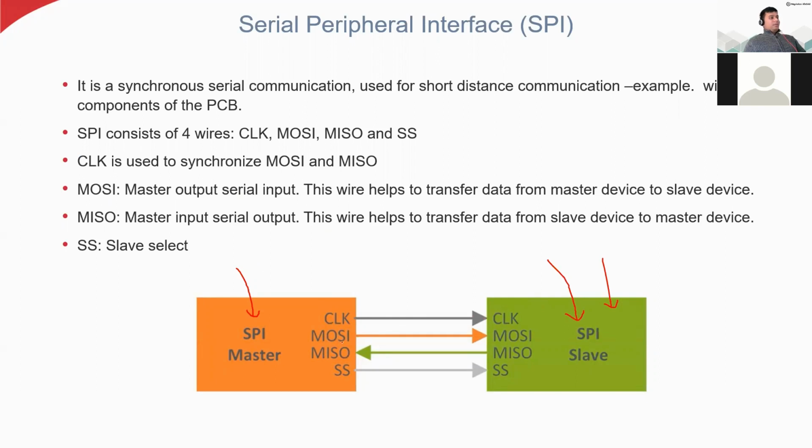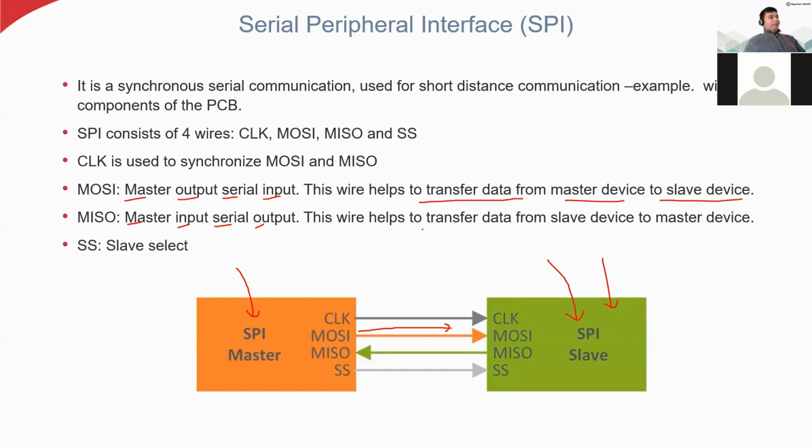And the MOSI means master output serial input. So this wire helps to transfer the data from master device to slave device. That is MOSI. And MISO means master input serial output.